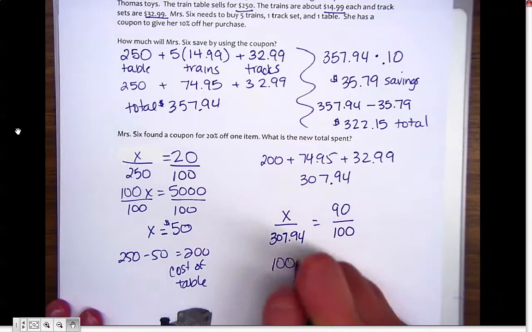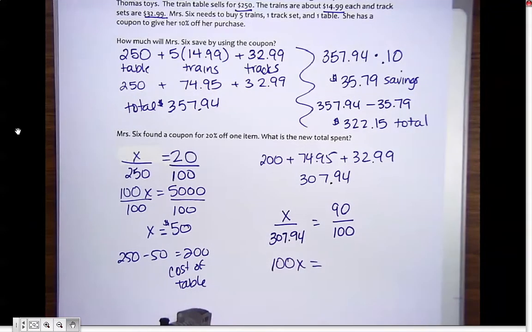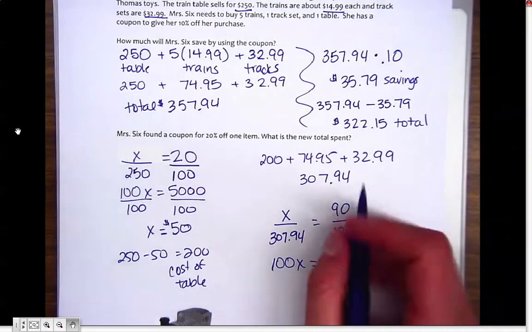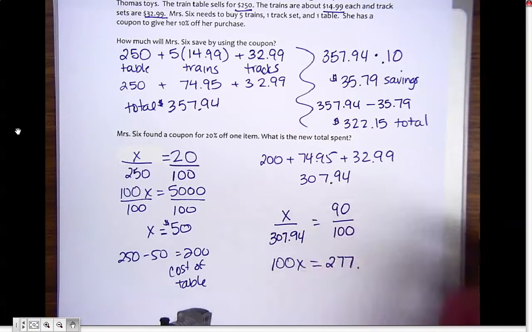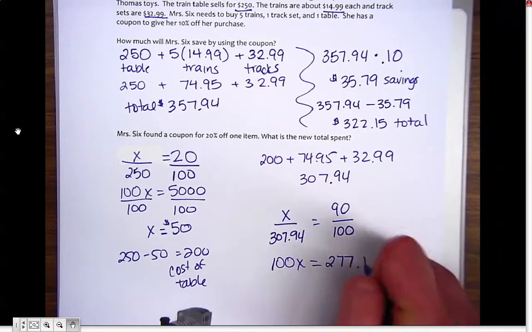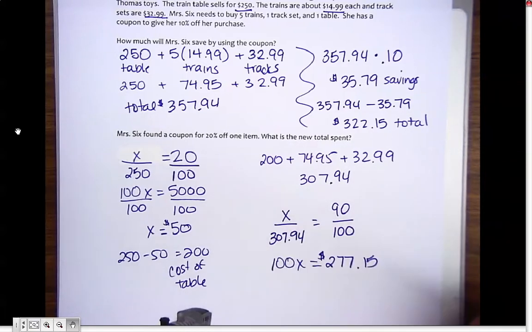So 100x equals, so when I multiply 90 and $307.94, whoops, I multiplied it wrong. I get that I will be paying $277.15. Oh, I wrote that wrong. Wait a second.